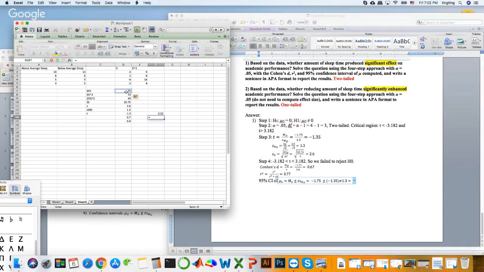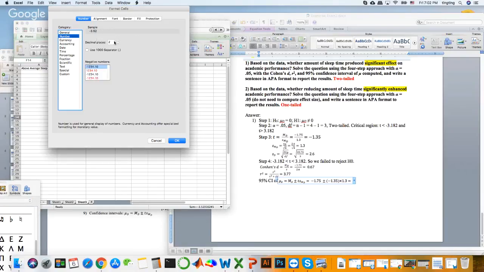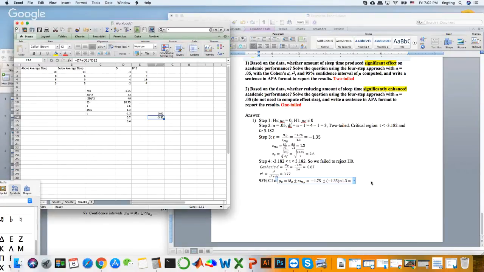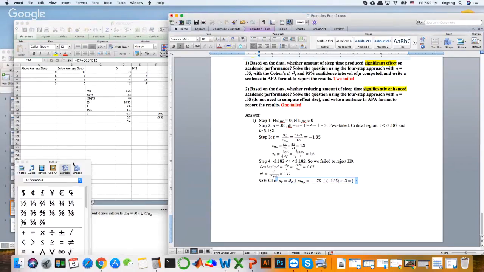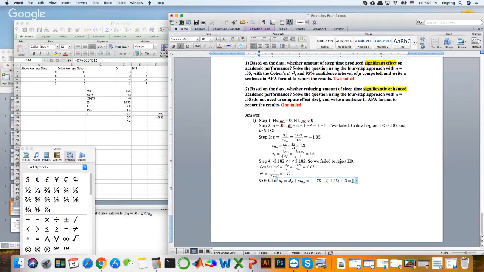And then equals this number plus the t times the SMD. So we just put a smaller, negative number first, which ranges from negative 3.52 to 0.02.